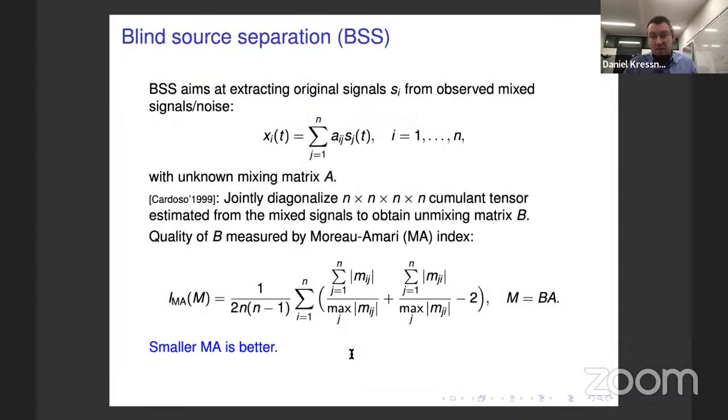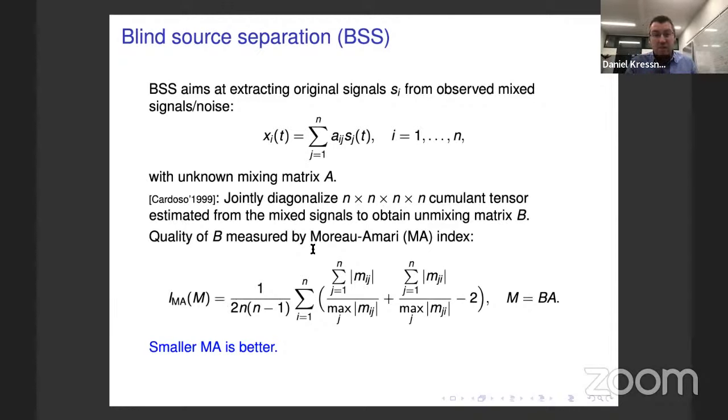And here's one application which has generated a lot of tasks for joint diagonalization. This is called blind source separation, where you try to extract original signals from observed mixing of the signals. So you have an unknown mixing matrix and you try to unmix it by finding another matrix B such that B times A is close to a scaled permutation matrix.